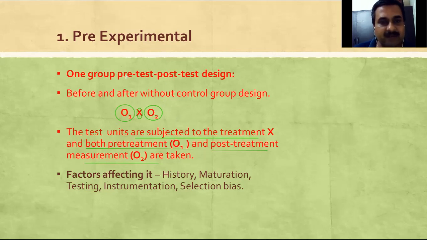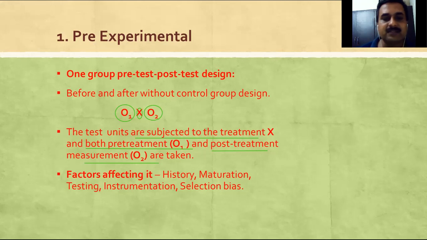That's why it is referred to as pre-test and post-test. Factors affecting this research design are history, maturation, testing, instrumentation, and selection bias. We have already covered all these factors in our previous lectures on factors affecting internal validity. These are the factors of internal validity, and they influence your research result.